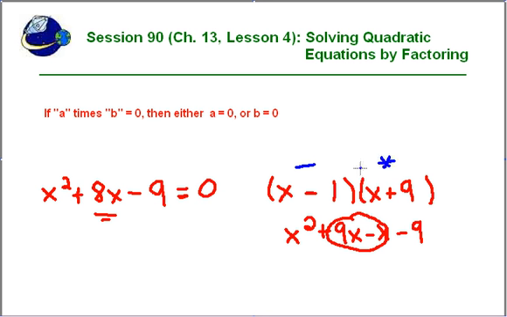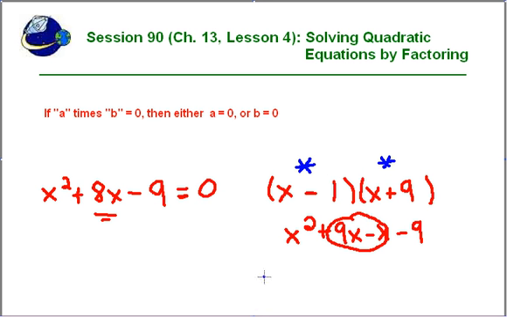So those are our two quantities there, x minus 1 and x plus 9. In order for this to equal 0, this first polynomial has to equal 0, or this second polynomial has to equal 0. Well, in which case would this first term equal 0? Which value for x will make this 0?